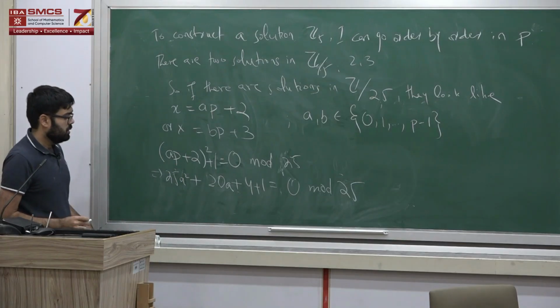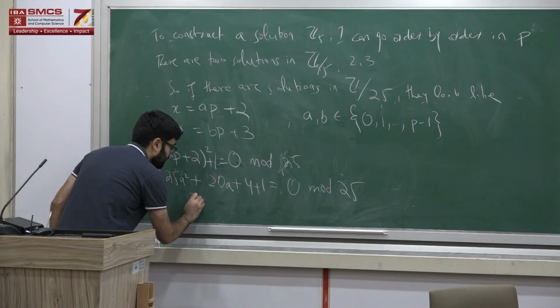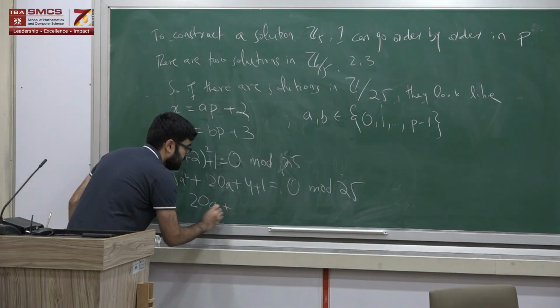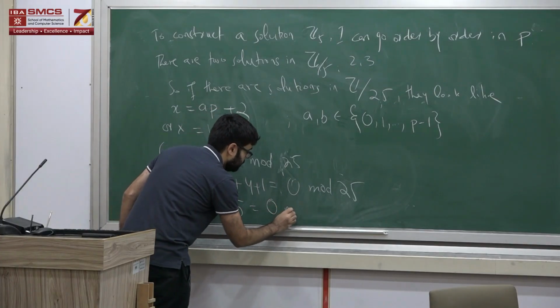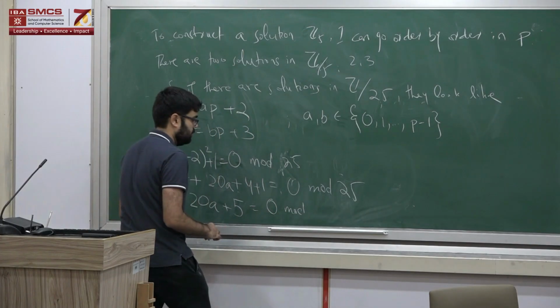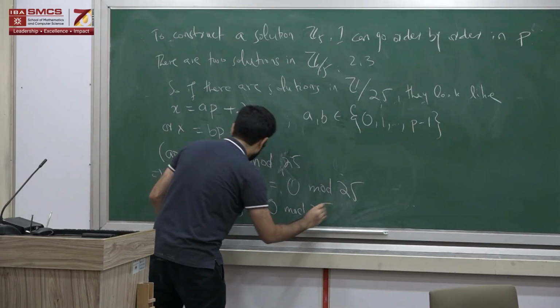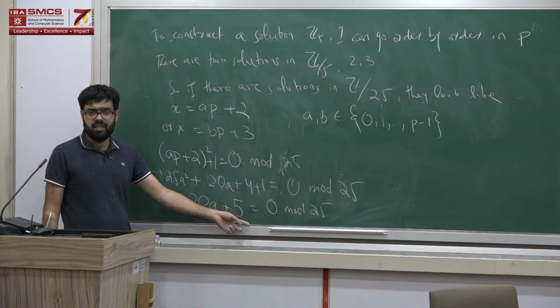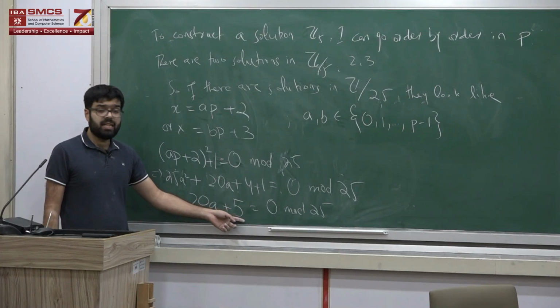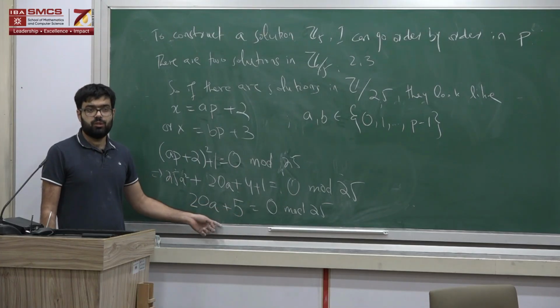So this is 0, and what I get is 20a plus 5 is 0 mod 25. As you can see, there is a factor of 5 here and a factor of 5 here, and that just tells us that we started with the solution modulo 5.